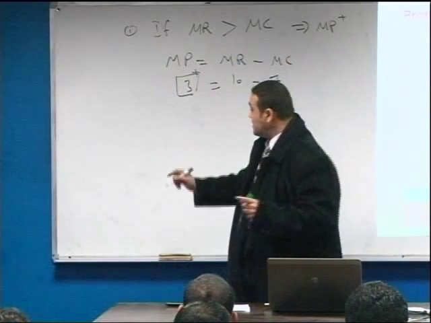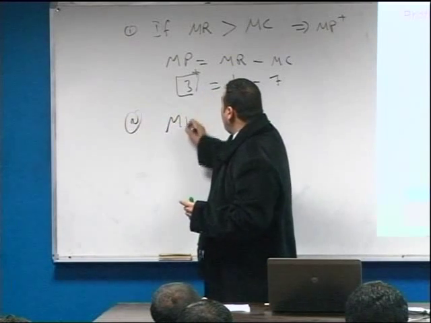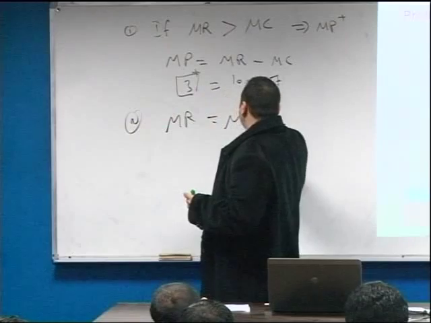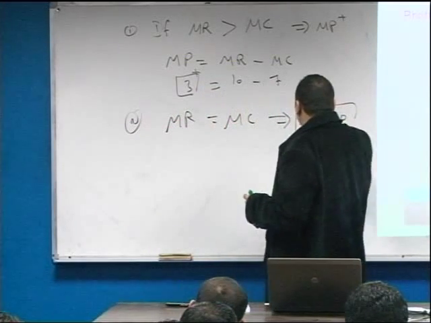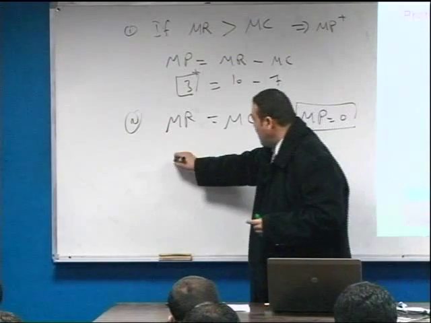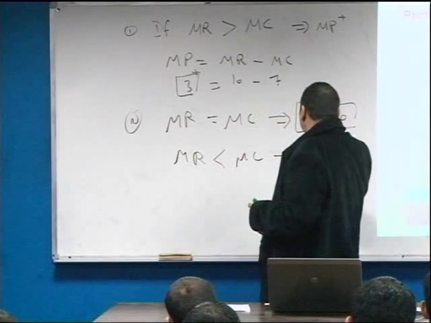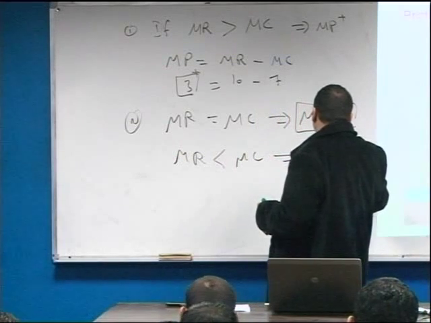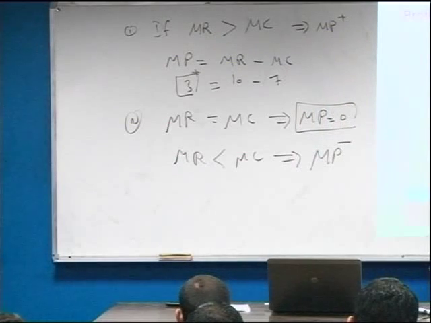Number 2, if MR equals MC, the marginal profits equals 0, and in this case we have profit maximization. If MR is smaller than MC, in this case MP is negative. Right?